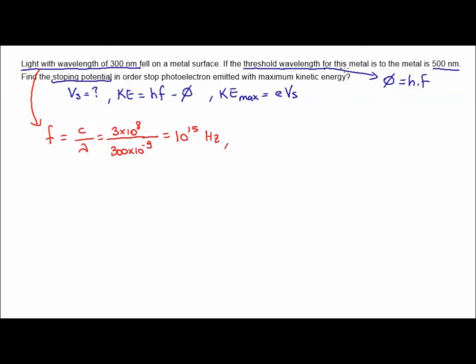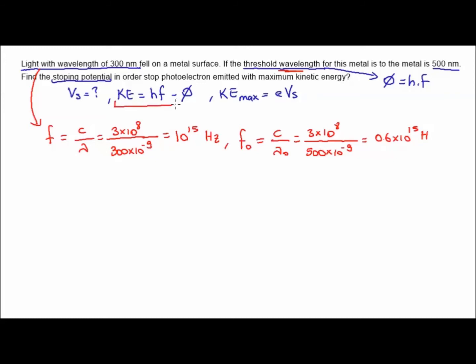And we have to calculate this for the threshold frequency. Let's say f0 is equal to c over lambda 0, 3 times 10 to the power of 8 over 500 nanometer, 500 times 10 to the power of minus 9. So it's going to be 0.6 times 10 to the power of 15 hertz.